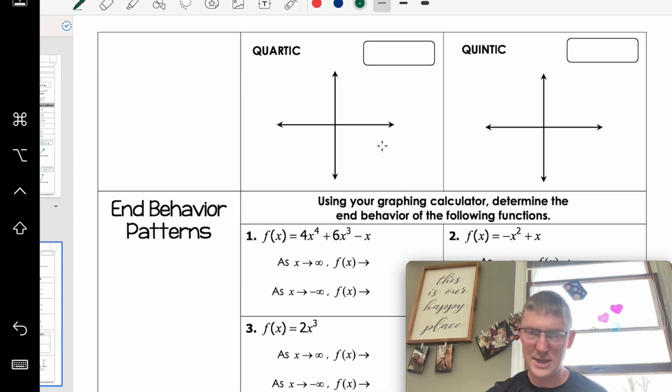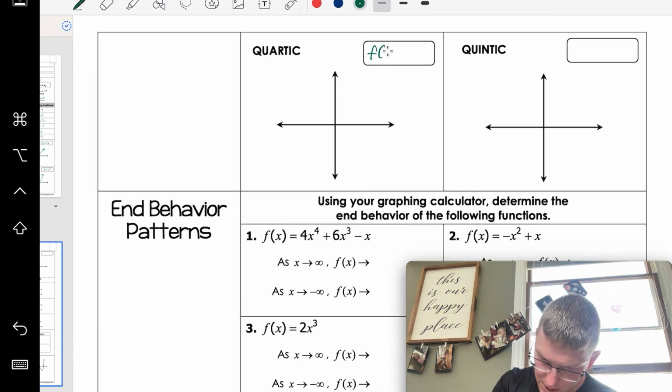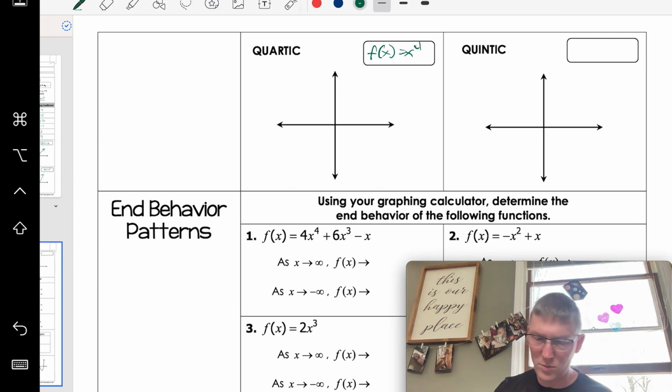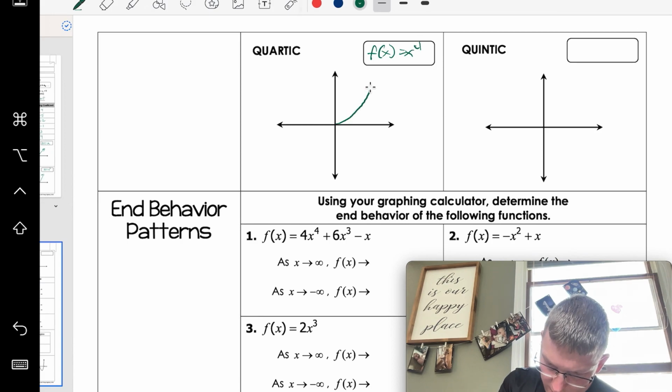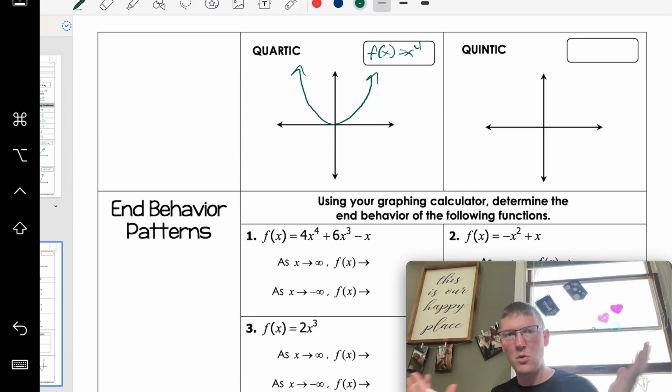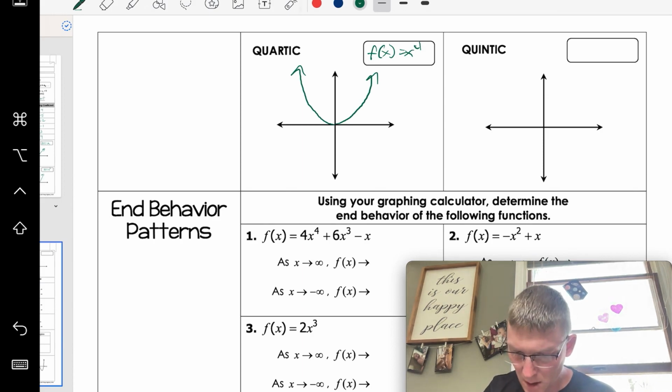As we go down the line, we've got quartic, which is going to be f of x equals x to the fourth. That's the fourth degree polynomial. This is going to look kind of like a quadratic, but it's a little bit wider, I guess.